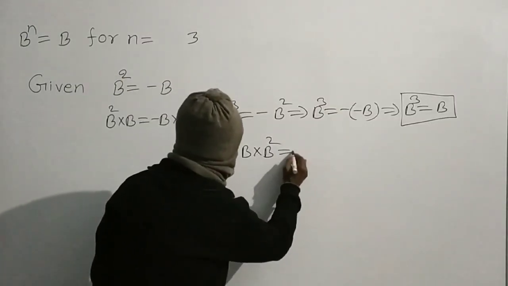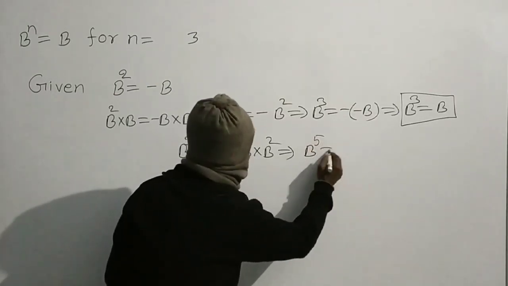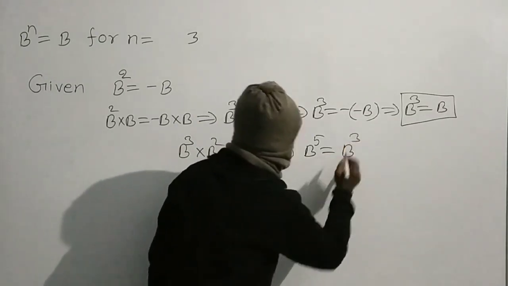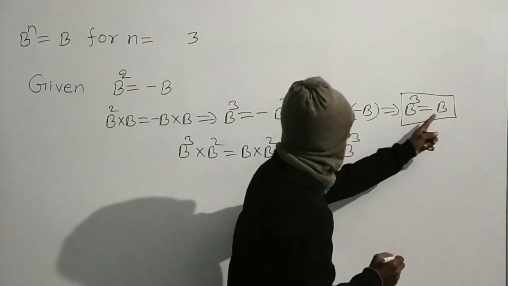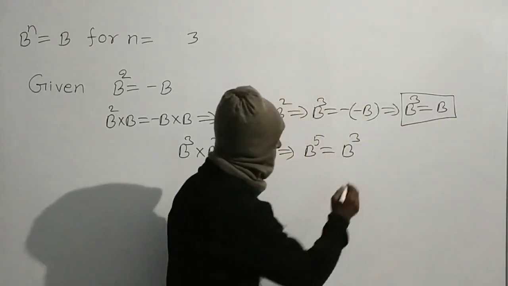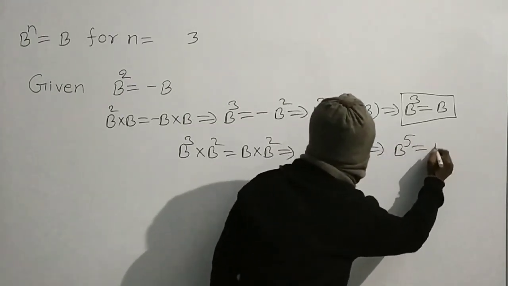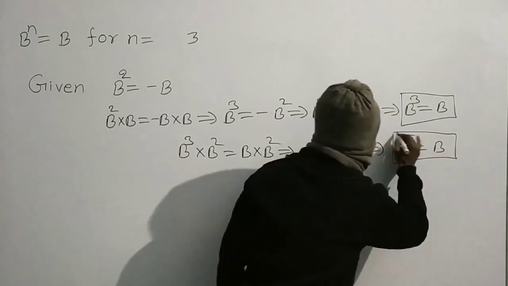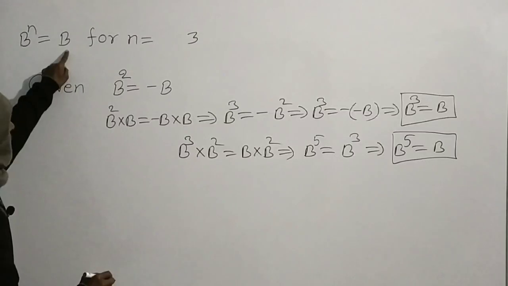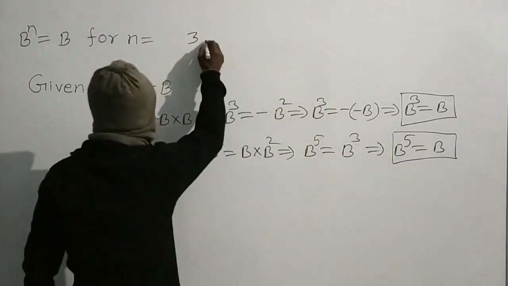This implies B to the power 5 is equal to B cube, but B cube is equal to B. When we write B in place of this B cube, we get B to the power 5 is equal to B. That means 5 satisfies this equation. Therefore, one value of n will be 5.